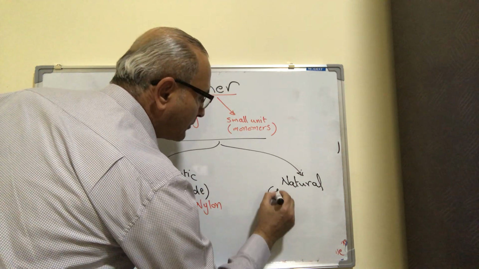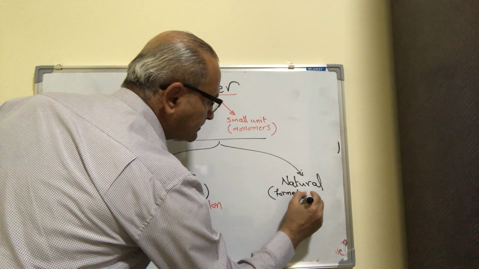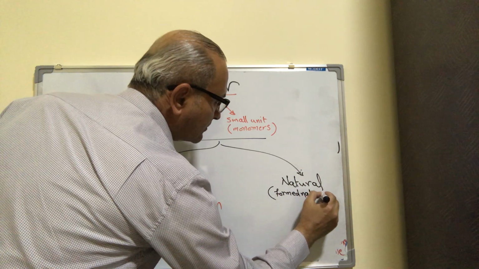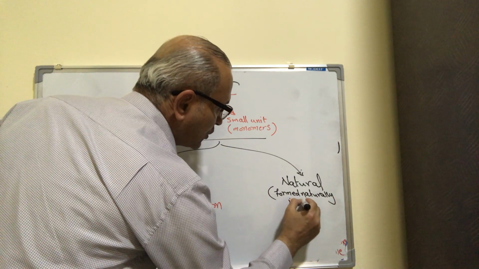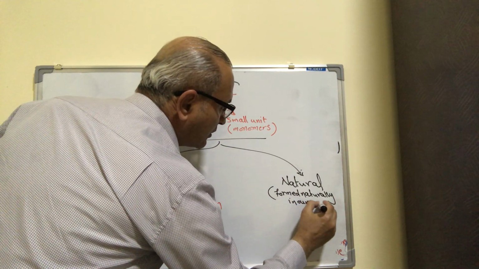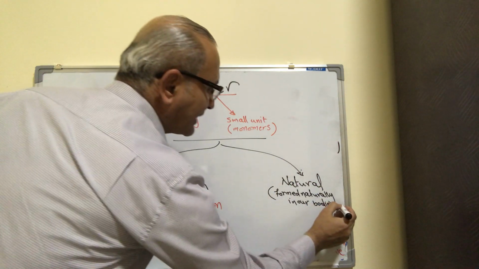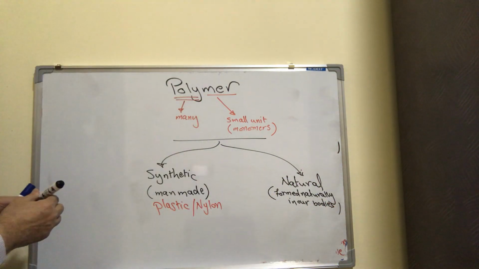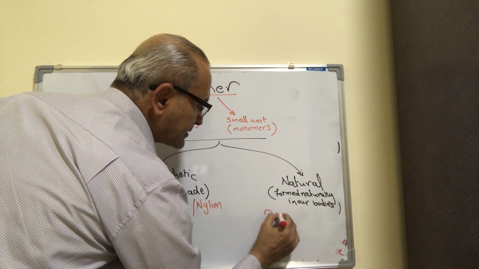Natural polymers are formed naturally in our bodies, so there is no interference from man in producing or making these natural polymers. Examples for these are proteins.